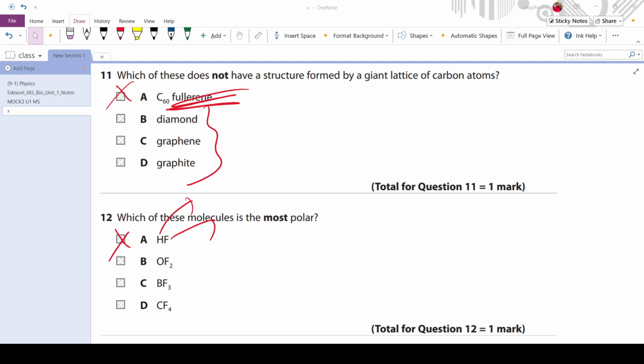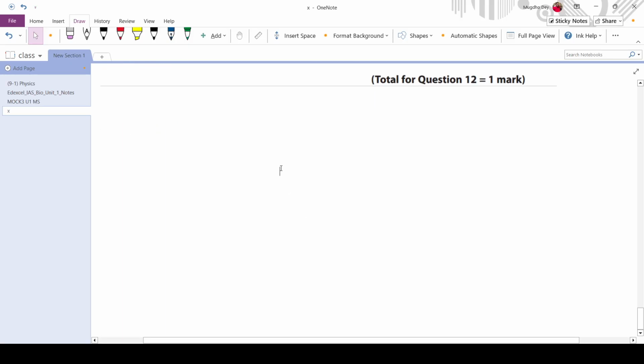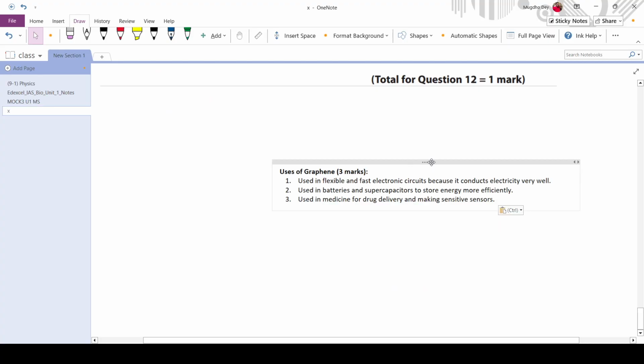There are lots of uses basically. As far as I remember, graphene can be used for, this is a sensible answer for a 3 mark question if there is one. Like, how about this one?